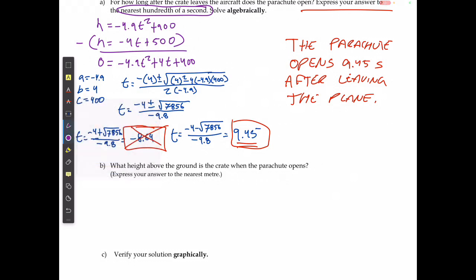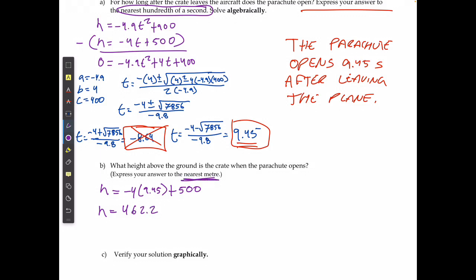It should give me the same answer either way, but I'm going to use the linear equation. So I'm going to say that the height is going to be equal to negative 4 times 9.45 plus 500. And in this case, I get 462.2.